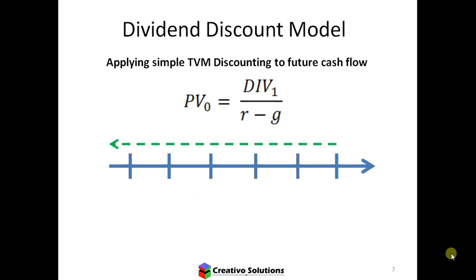So when we're looking at the dividend discount model, just remember this equation: PV0 equals div1 over R minus G. So what am I looking at here? Well, the future. There's something we need to consider when looking at dividends. Are those dividends going to stay the same, or are those dividends going to grow? Those dividends can be different amounts in the future, depending on the profitability of the company and how much they choose to pay out.